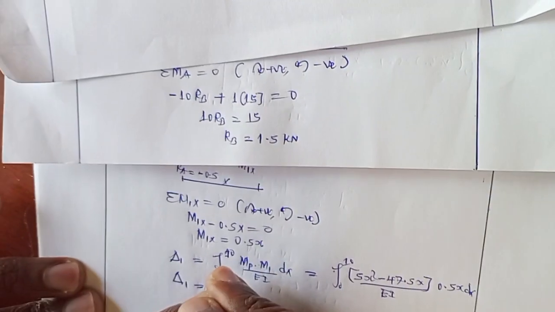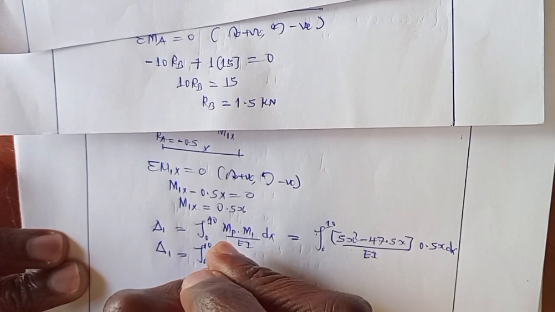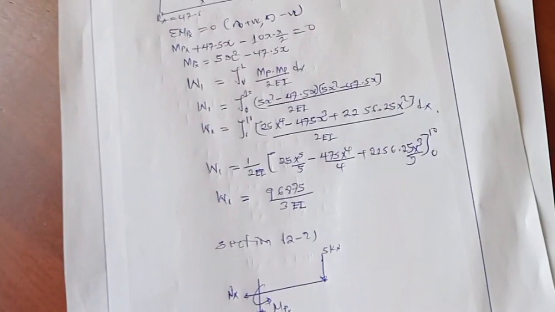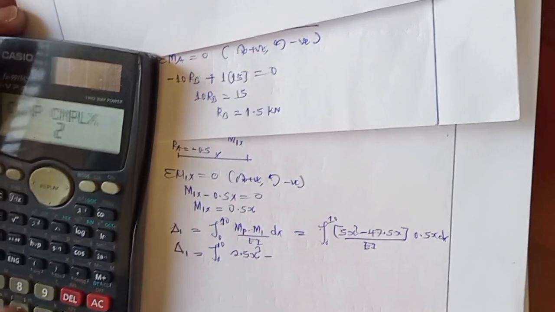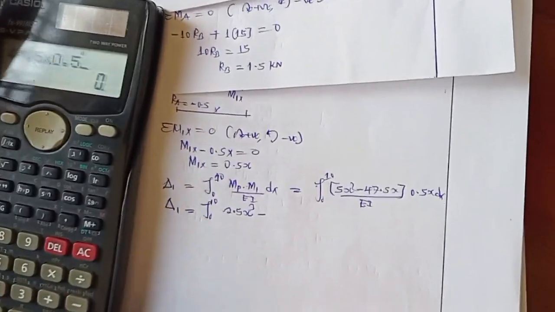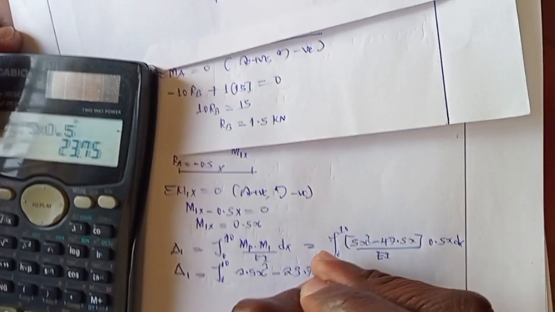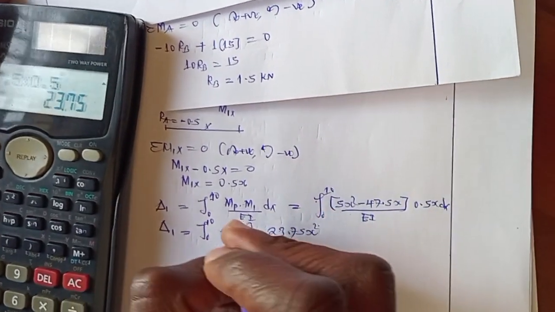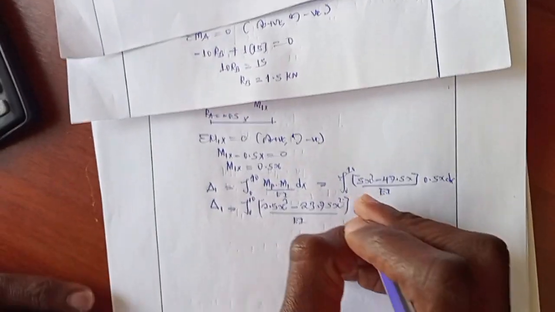So deflection for section 1, from 0 to 10. When you multiply this out, it will be 2.5x cube minus 23.75x square over EI dx.